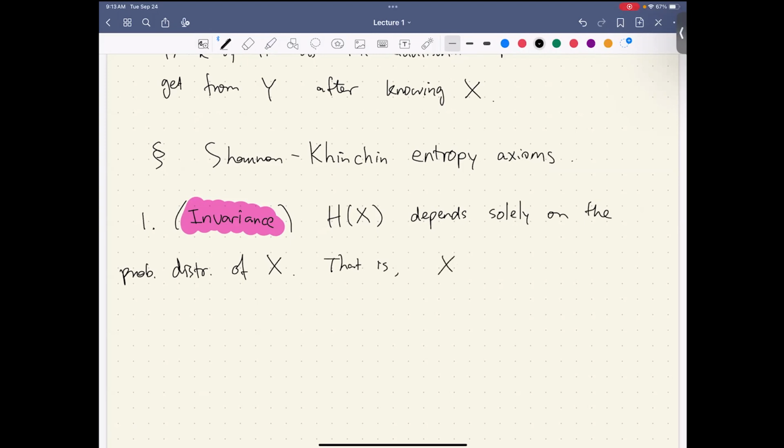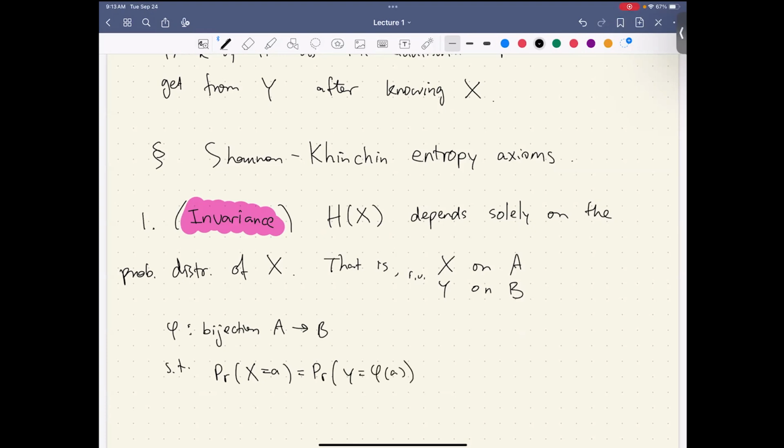So if you have x on A, y on B, random variables, and if you have a bijection phi from A to B, such that you can biject them, so that P(x = a) equals P(y = phi(a)), this means x and y have the same distribution, and then their entropies are the same.